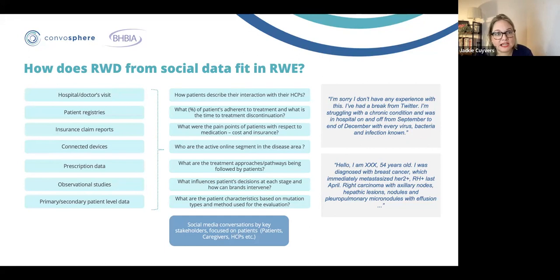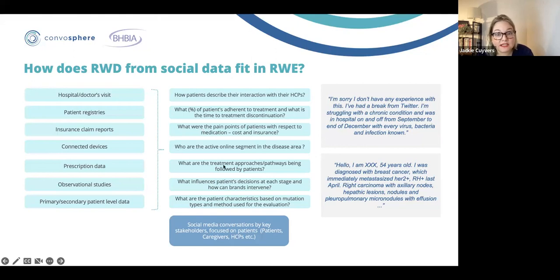So for each of these examples of traditional real-world data, there is a counterpoint that's available through using big data, social data, or this online conversational data to add context to these different real-world data sets. So the claims reports, in online conversation, we can understand the impact that the cost of the treatment, the insurance or insurance copay has on the patient experience.